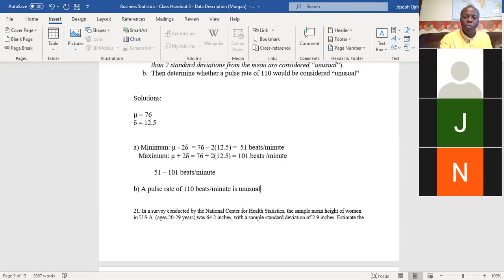That means something may be wrong with the lady who has this pulse rate. She has to be checked again to see why, because it falls outside the normal range.